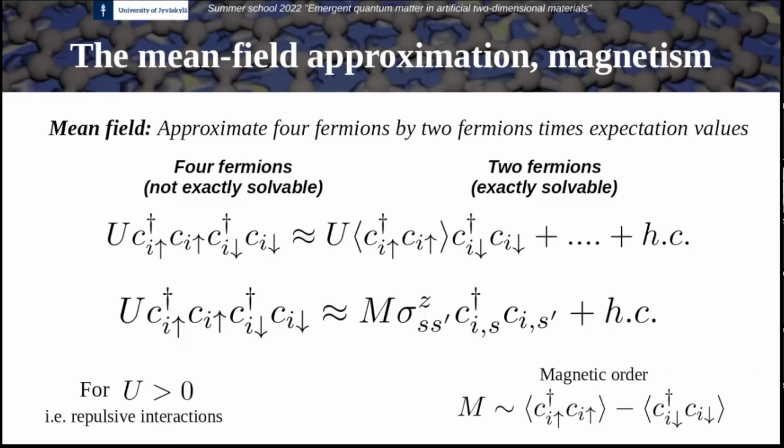So the up direction is usually taken in the z direction, but you could have taken any other direction, and this kind of interaction is rotationally invariant. There's another way of writing it in which the rotational invariance is much more explicit, which is if you write, let's say, density up plus density down times density up plus density down.